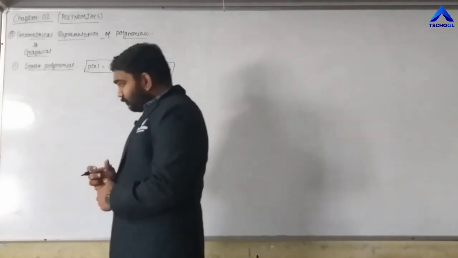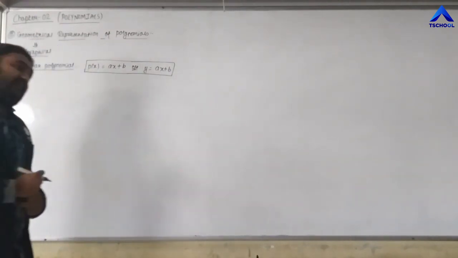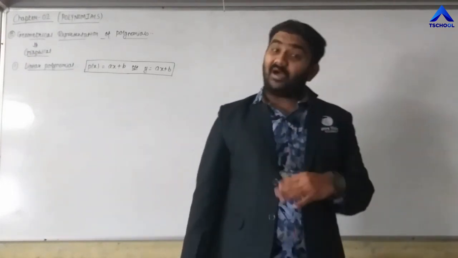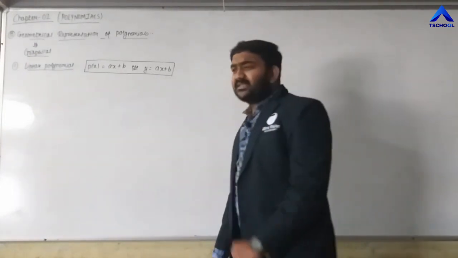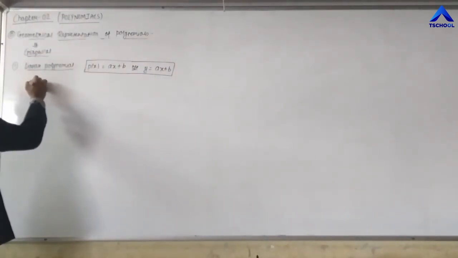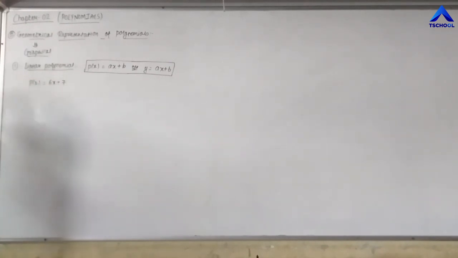Now, what we need to do is represent them graphically. So I need to plot the graph of this y equals ax plus b. So how to plot? Let us take a real example, p of x equals 6x plus 7.